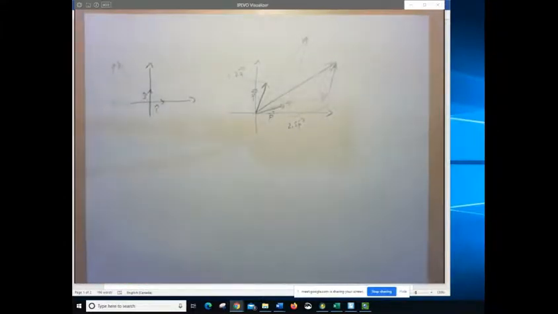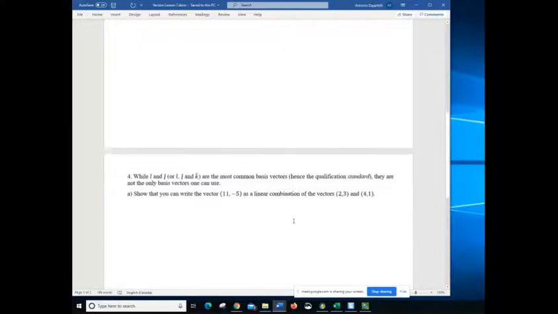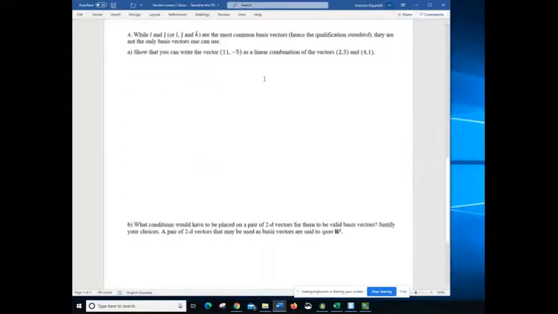Okay, so real quickly, and I'm looking at the time, so I'm not going to give you too much time, but I want you to see what you can do to write the vector (11, -5) as a linear combination of (2, 3) and (4, 1). What I don't want you to do is draw me a picture.